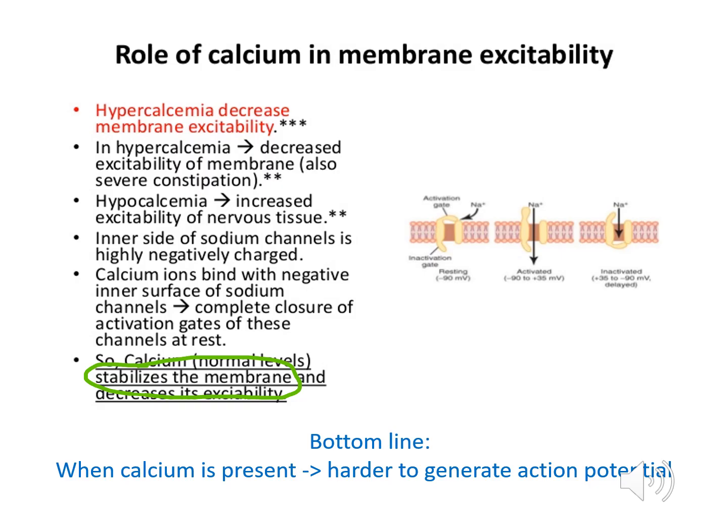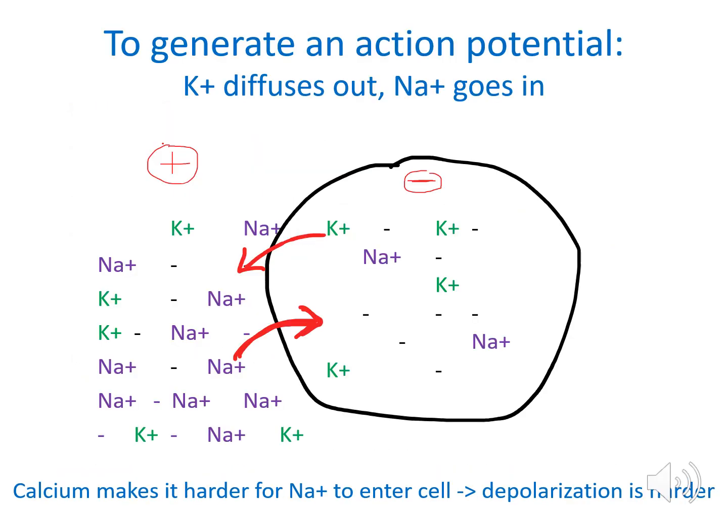So I think of calcium as the membrane stabilizer. See that stuff that's circled in green? Calcium is the membrane stabilizer. In other words, when calcium is present, it's harder for sodium to enter the cell and depolarize it. So you remember, in order to generate an action potential, the potassium first diffuses out of the cell and makes it negative on the inside, and then the sodium enters the cell and depolarizes it.